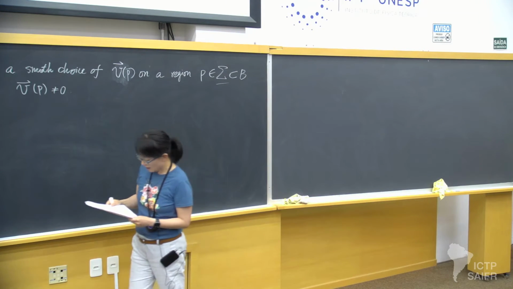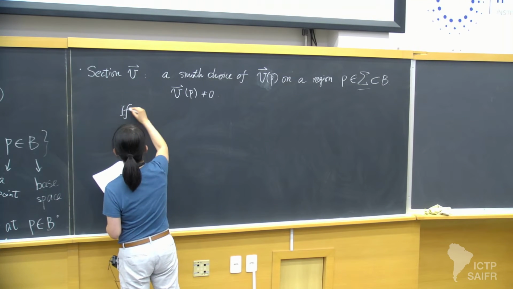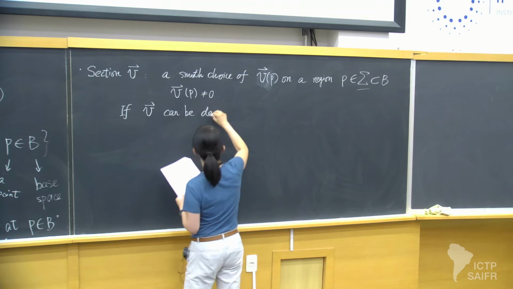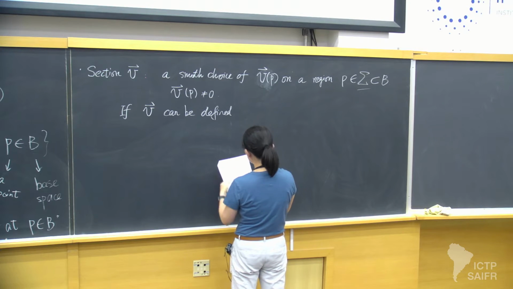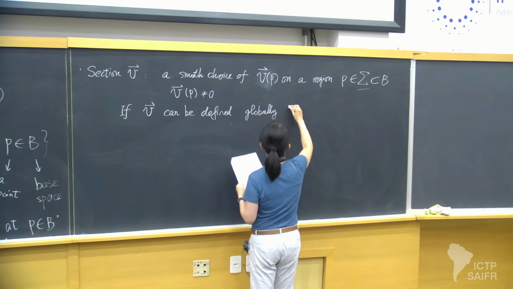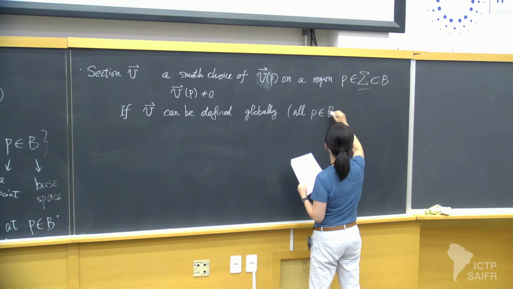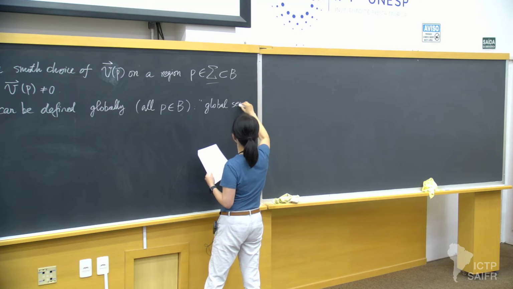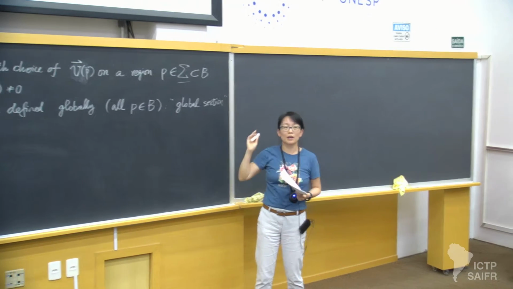So then if this V can be defined globally, which means for all points P in B, then we call it a global section. Okay? So these are just some definitions so far, okay?